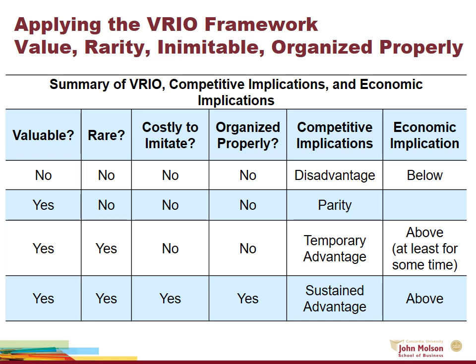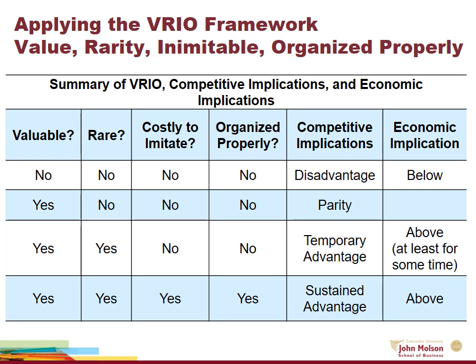And what we should aim for is to obtain a yes to all 4 questions, because then the organization will have a sustained competitive advantage. And if we don't obtain yes to all the 4 questions, then it's an indication that something needs to be done, that something needs to be modified, something needs to be changed, we need to get rid of a resource and change it and acquire a new one, and so on and so forth.